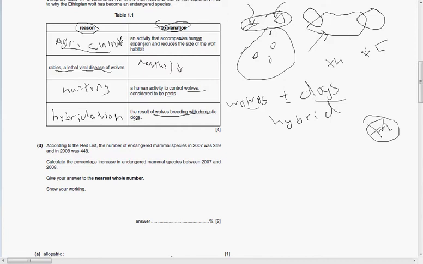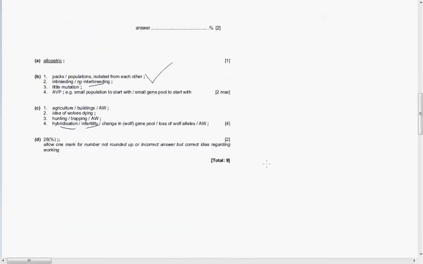We allow the fertilization of the gametes from those two organisms. That's hybridization. So hope that was clear.